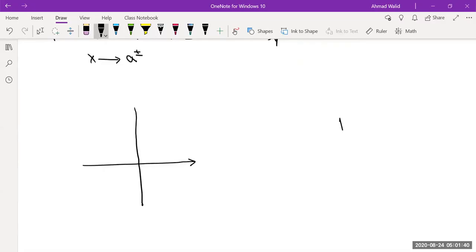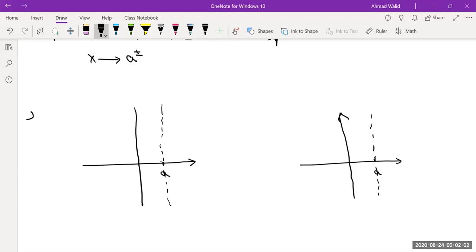Case 1, case 2. Here I have a point a. This is my vertical asymptote here, and this is my vertical asymptote here.